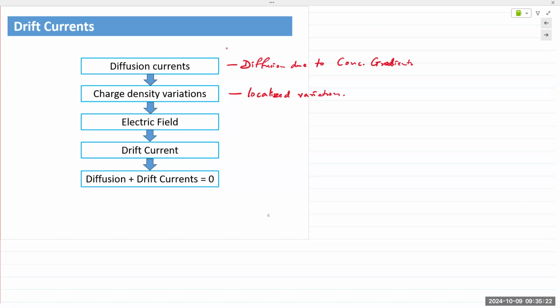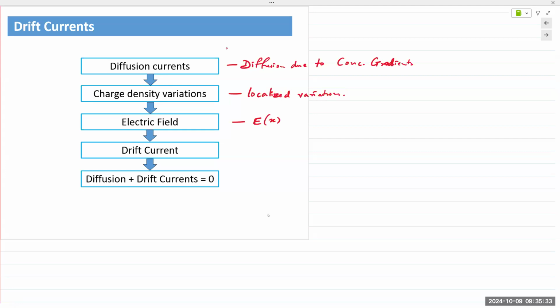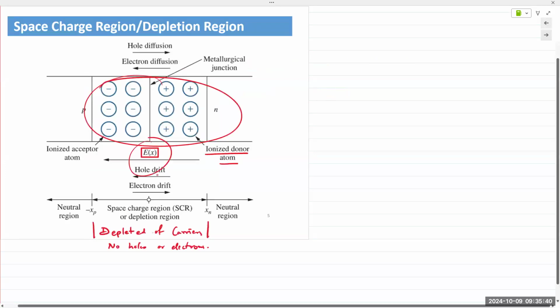And that electric field extends from the p-type to the n-type. Okay, so it extends across the junction. E of x, that is what I marked right here. Okay.